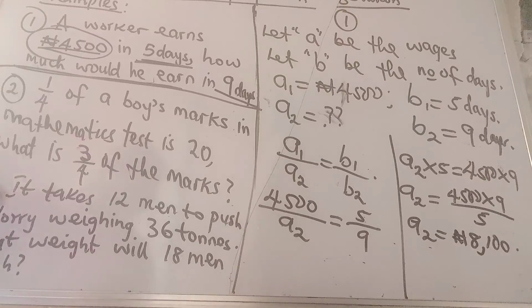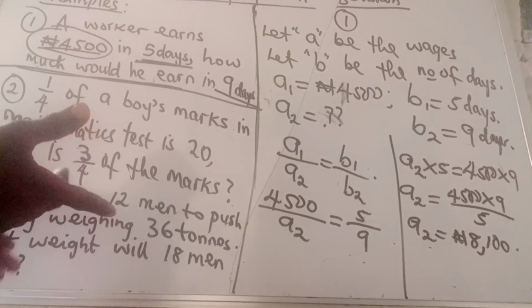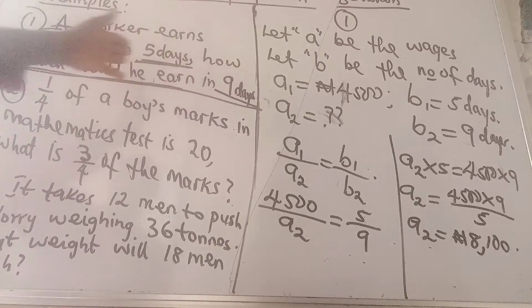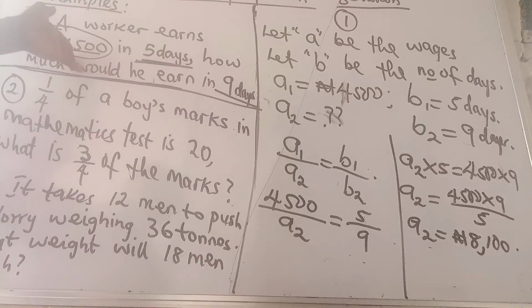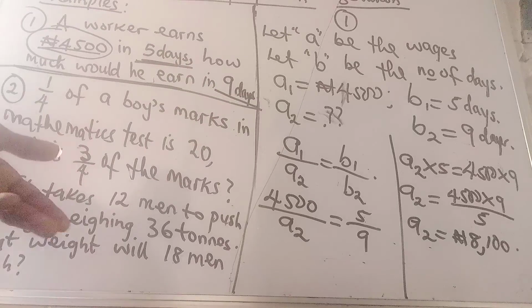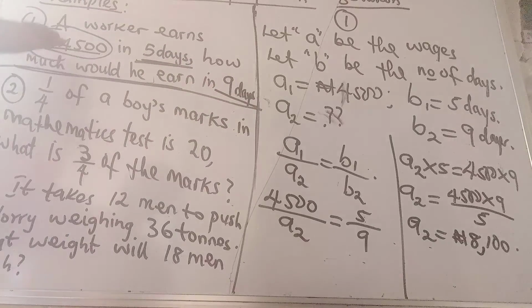Now, that will be the wages for 9 days. How do we now know that it is direct or indirect? Anyway, if I work for 5 days and I collect 4,500 naira, definitely if I work for more days, I'm not expected to earn less than 4,500.